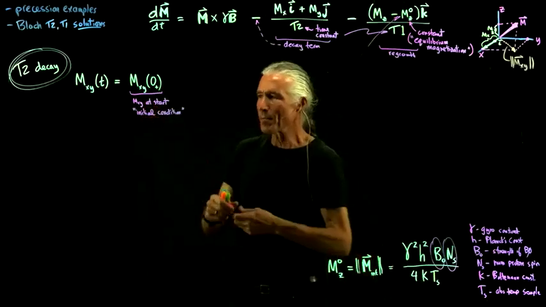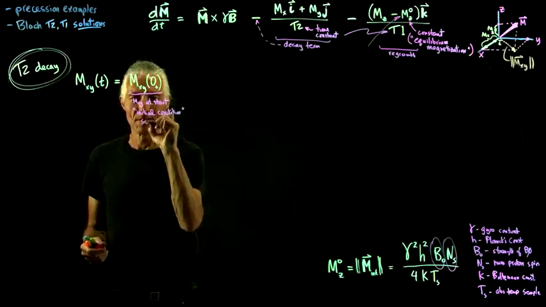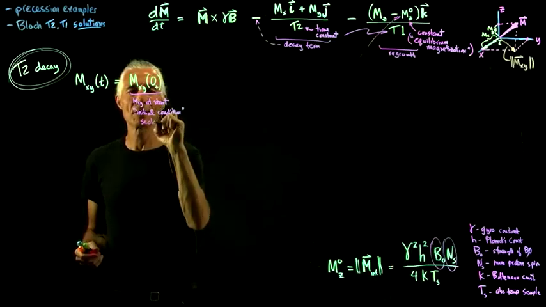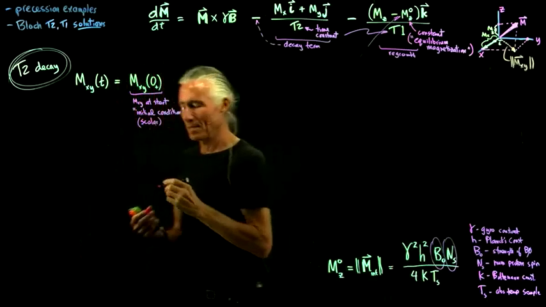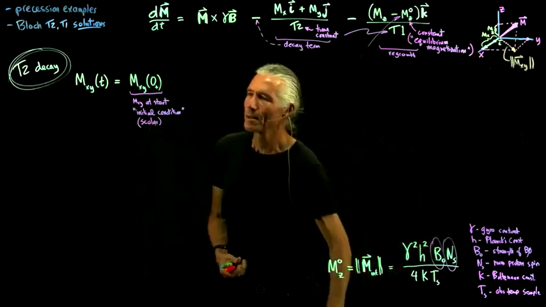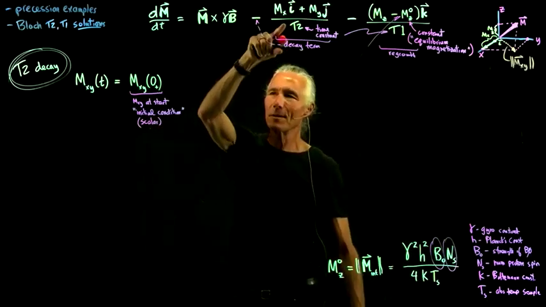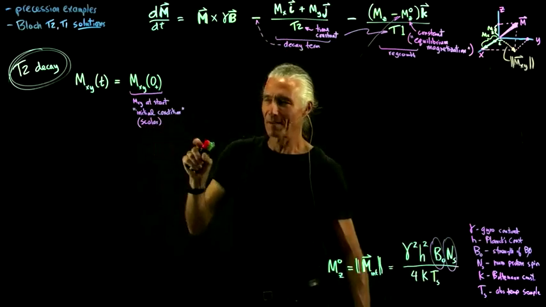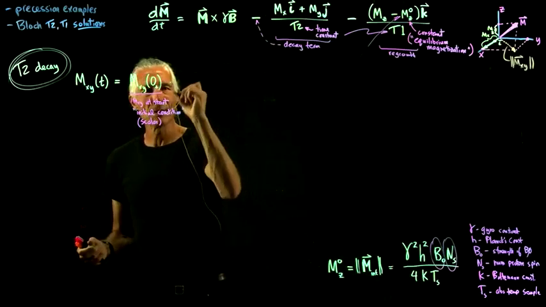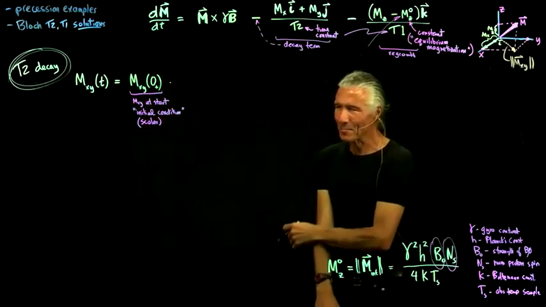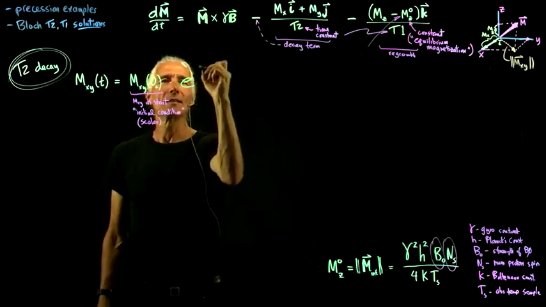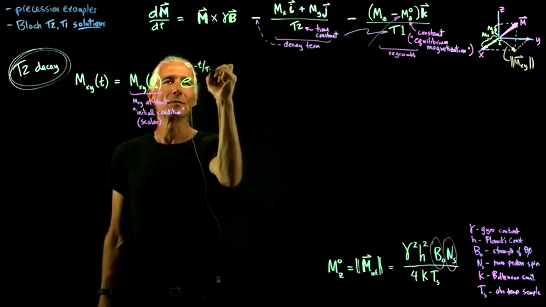So that's just a number, a scalar. It's the length of the xy component of the magnetization that you started out with. Like I said, it isn't in this equation, and where do we get it from? That's for next time. So that's the first part of the T2 decay equation, and then that's multiplied, just a regular old multiply, not a dot product, times e to the minus t over T2.